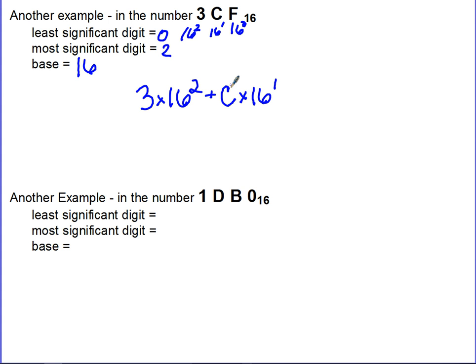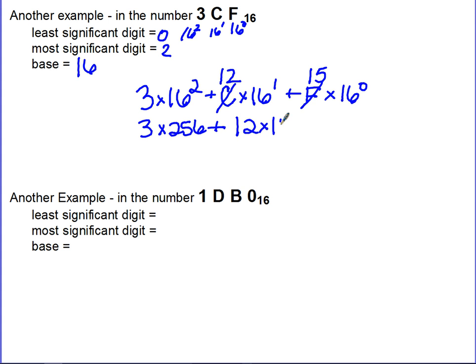When I think back to my notes, C is 12. And then I have F times 16 to the 0. Well, F is 15. So I have 3 times 256 plus 12 times 16 plus 15 times 1.